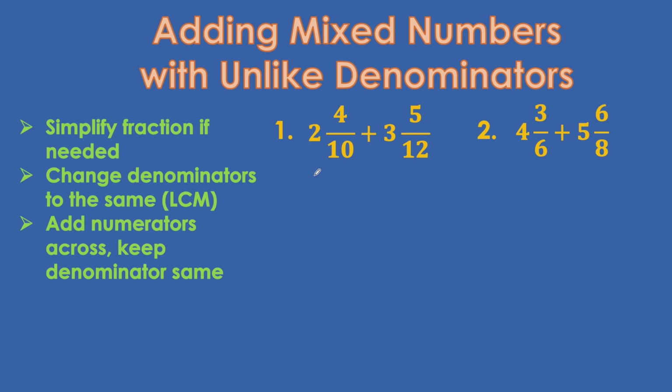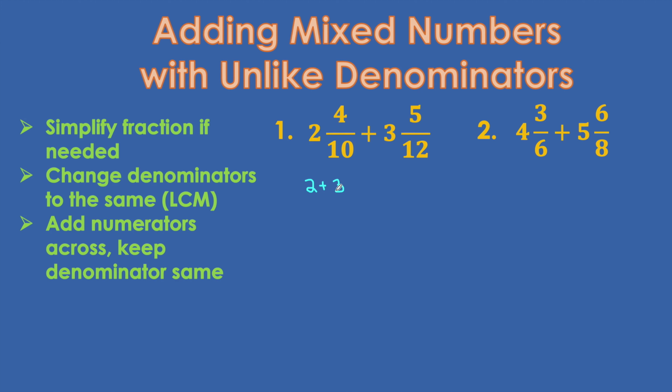First problem, we have 2 and 4 tenths plus 3 and 5 twelfths. This is really the same as 2 plus 3 plus the fractions.